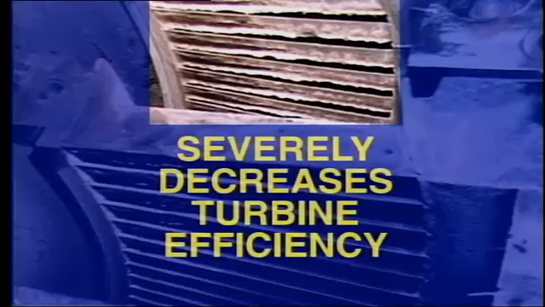Silica, of course, is the material which we find in sand and is used as the main ingredient in making glass. The silica deposit on turbine blades is just as hard as glass and extremely difficult to remove. The effect on an operating turbine is to change the profile of the blades and severely decrease the efficiency of the turbine, as well as reducing the output.